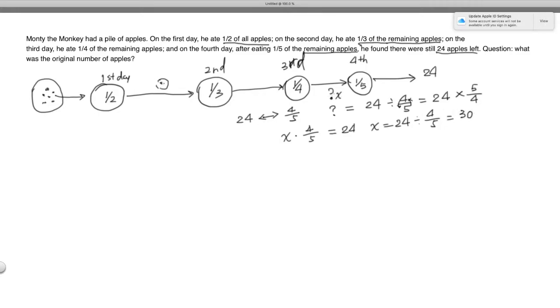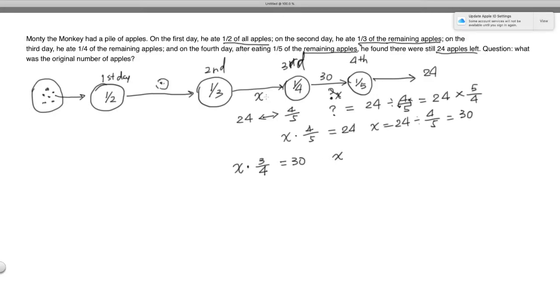All right, so we know that this number is 30. Now we ask a similar question. What was the number at the beginning of the third day? Or what was the remaining number after the second day? This x times 3/4, because on the third day Monty ate 1/4, so what was left was 3/4, equals 30.